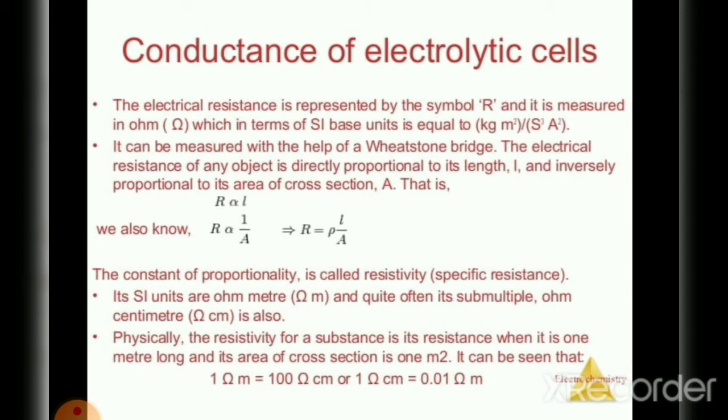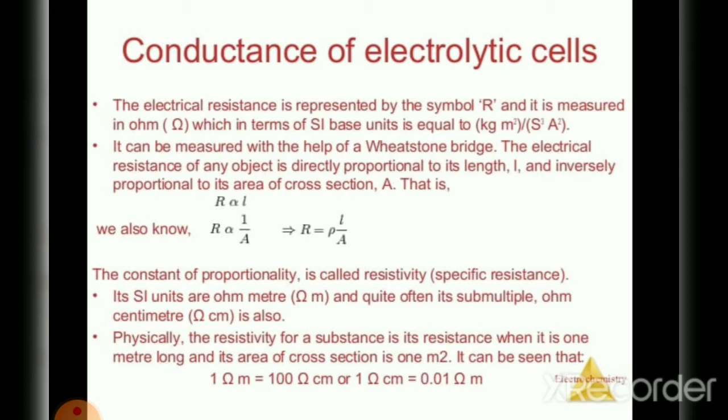The SI unit of resistivity is ohm meter and it can also be expressed in units of ohm centimeter. Now, how can we define resistivity? For that, consider the equation R is equal to rho into L by A. What will be rho equal to?